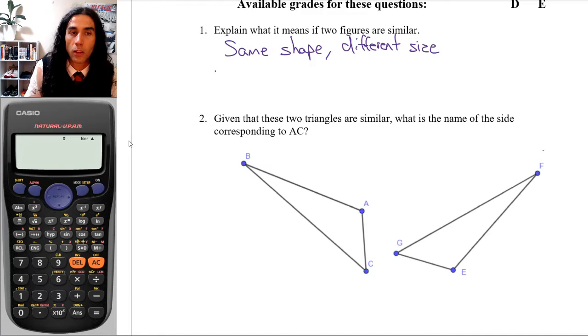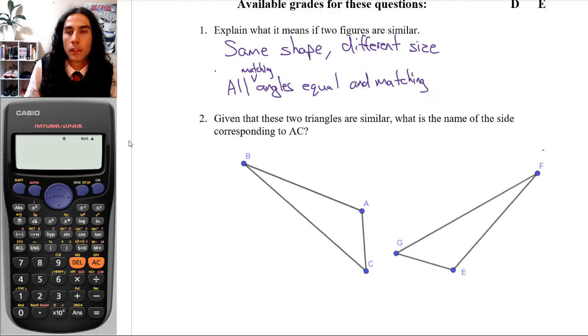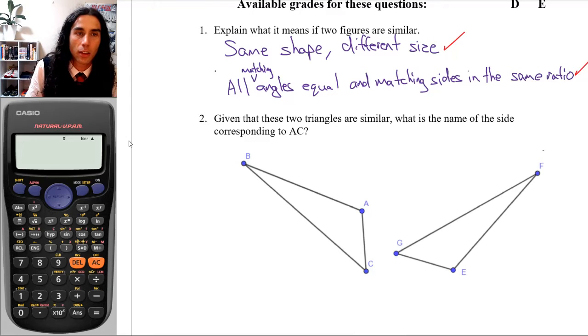You'd say all angles equal, or matching angles equal, and matching sides in the same ratio. That is a precise definition. Either's fine. You say that, tick, or you do that, tick, either one.